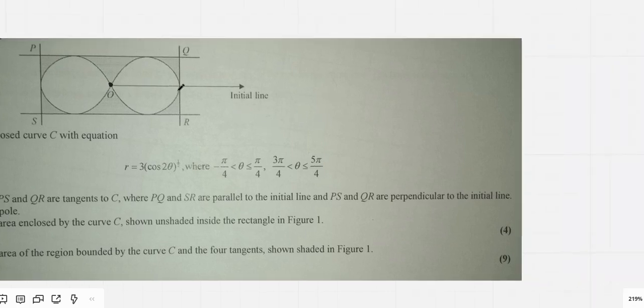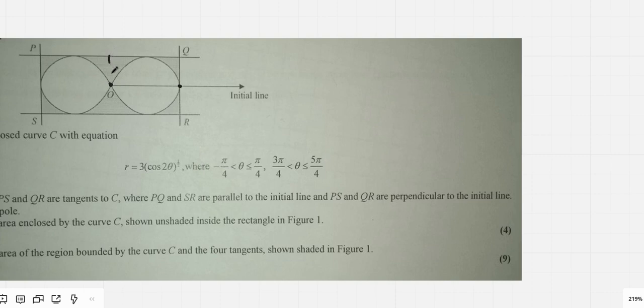So first off, we can start by finding the total area, or the area of this rectangle, which is easily noted by, well, first we can find the length of PQ.